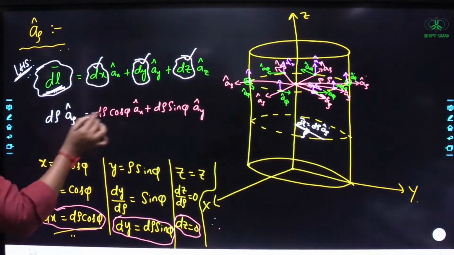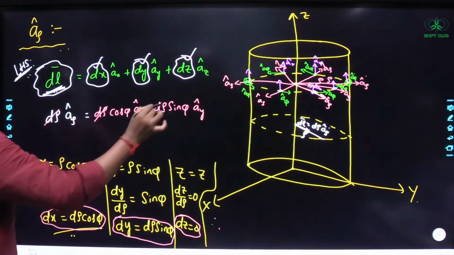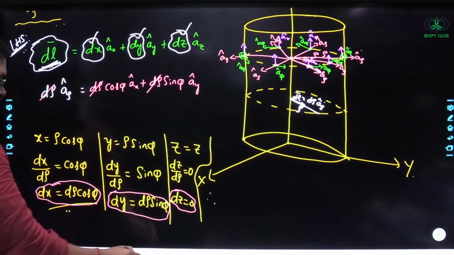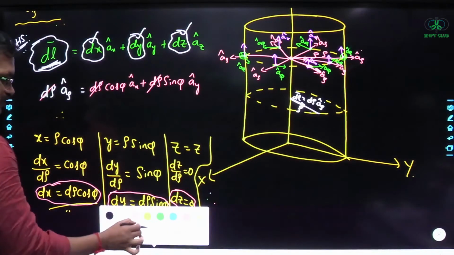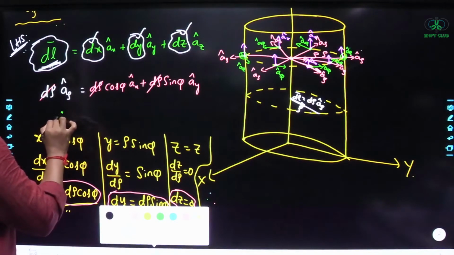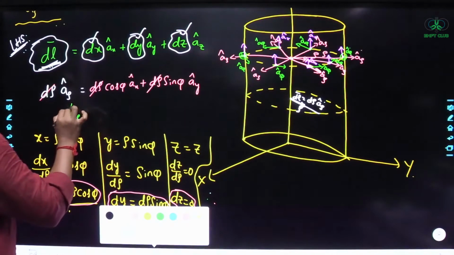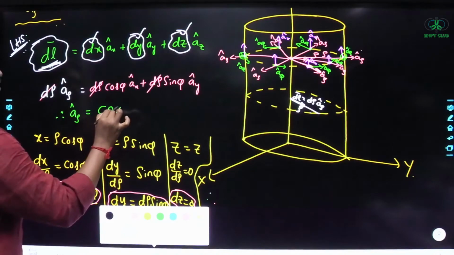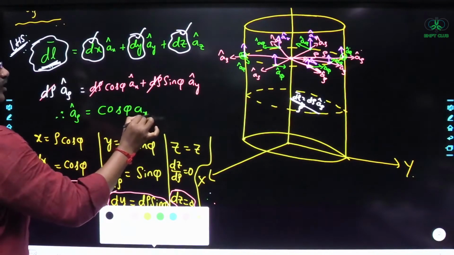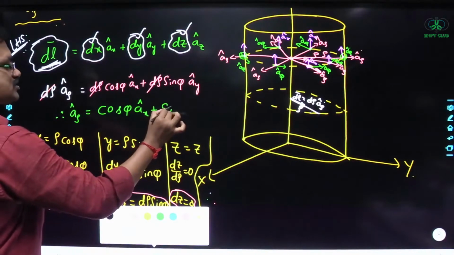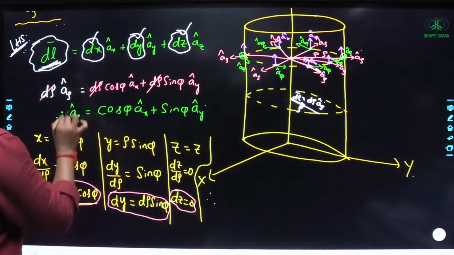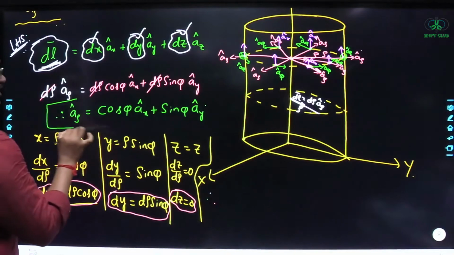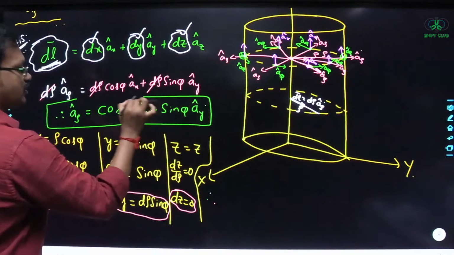Now if you observe both sides, d rho will get cancelled. So we got the expression for a rho cap. a rho cap is equal to cos phi ax cap plus sin phi ay cap.